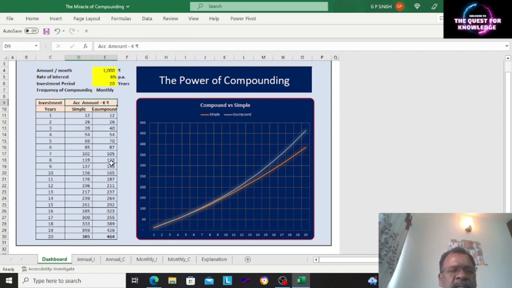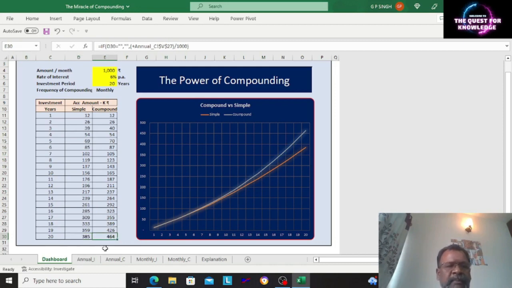So if we invest 1,000 rupees per month regularly for 20 years, and if we apply the simple interest, the accumulated amount at the end of 20 years becomes 385,000.